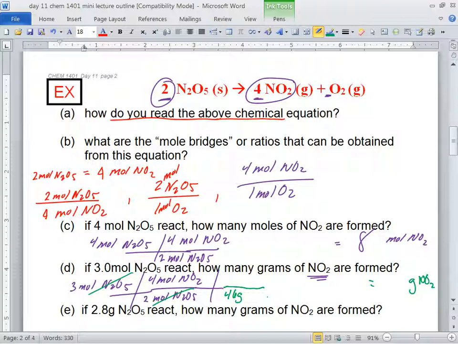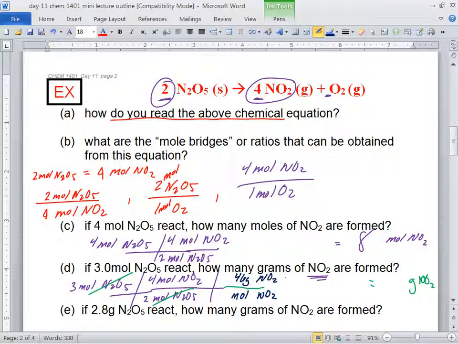So what I like to do here, before I even mess with stuff, is put the unit down here, because I know that unit has to go down there. Don't put a number in front of the unit, just put the unit down there. And then it needs to be in grams, so I'd put the 46 grams up on the top.